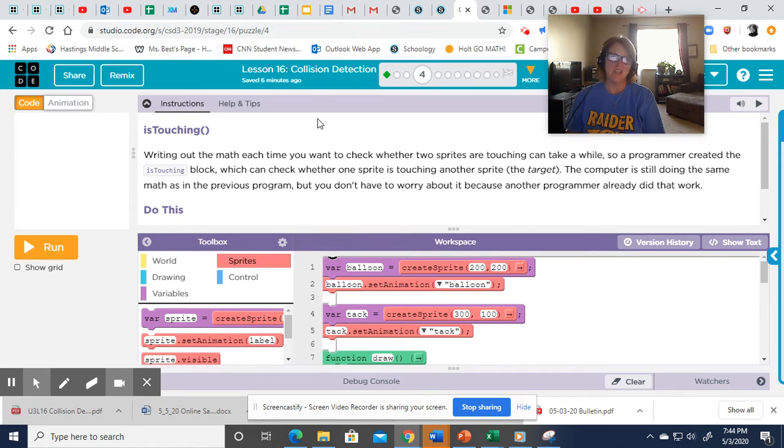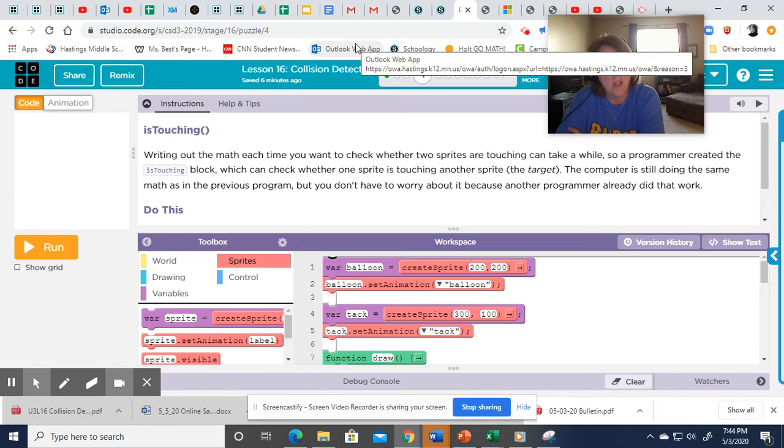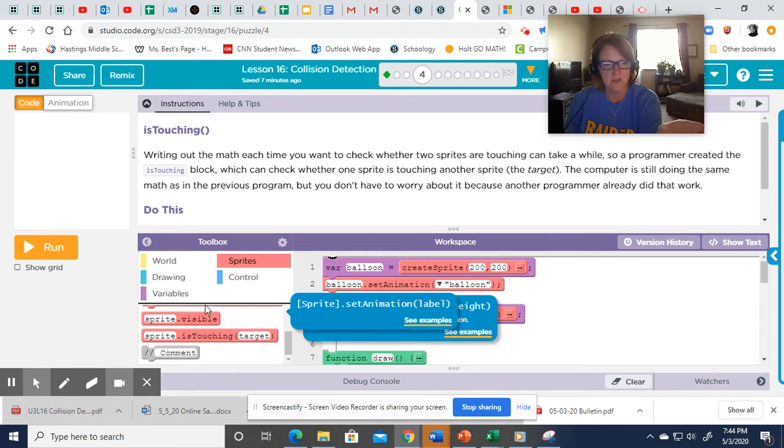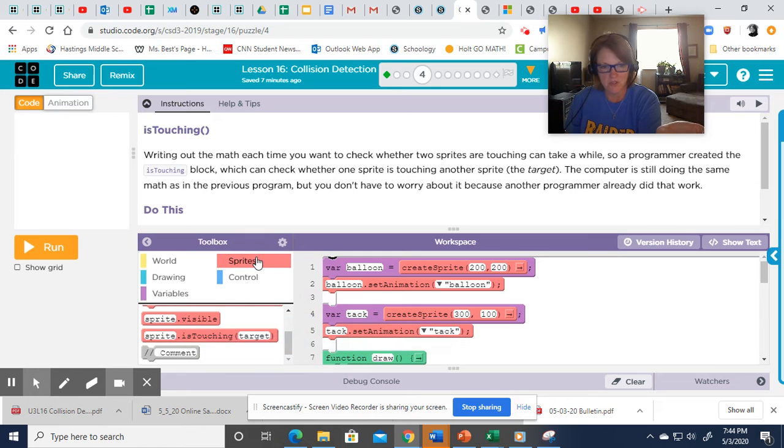Okay, so here's what happens. All of that code that was nested in there and got very complicated, writing all that math out every time you want to check to see if two sprites have touched each other can take quite a while. So, to make life easier, a programmer went ahead and created this is touching block. As I scroll down here under the sprites toolbox, I see it.